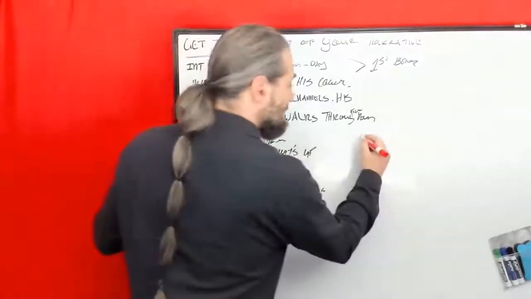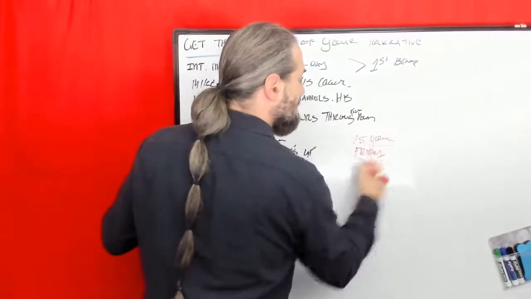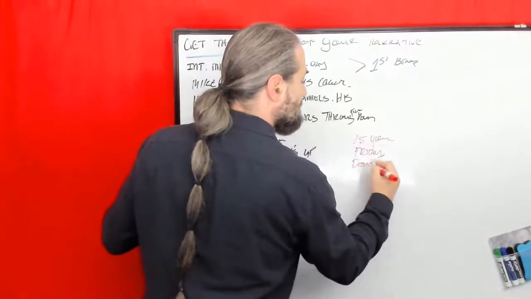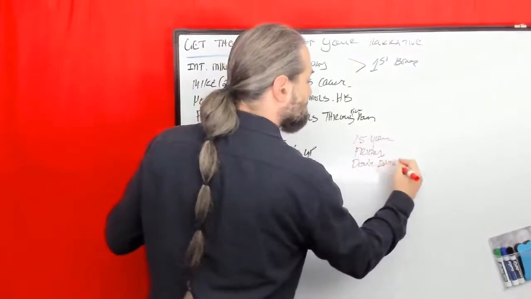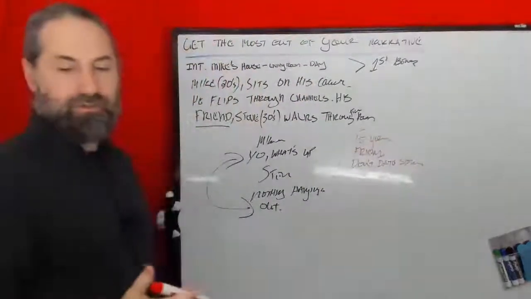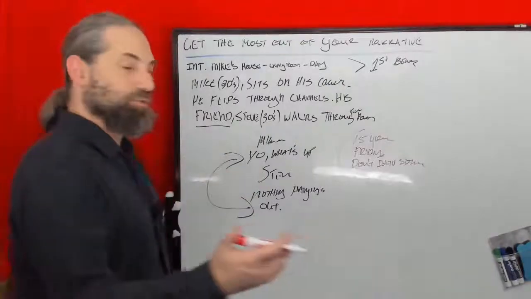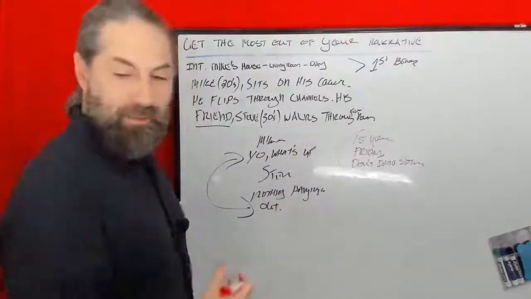So right off the bat: 15 years, friends, don't date sister. These are narrative points of the real world. We have to establish these before we can have the conflict, either with humor or with drama, right?